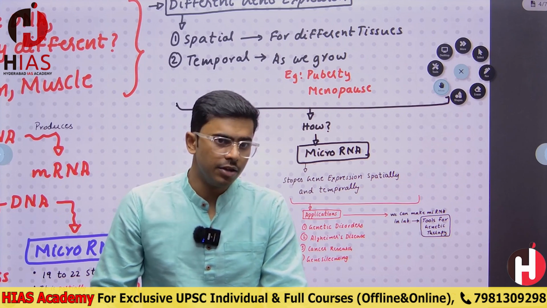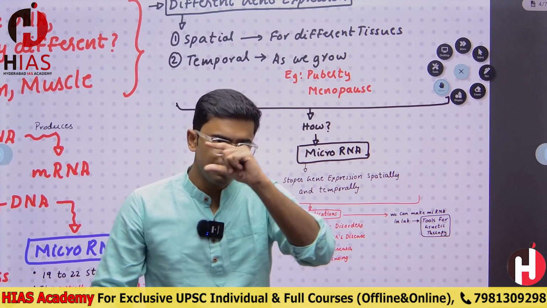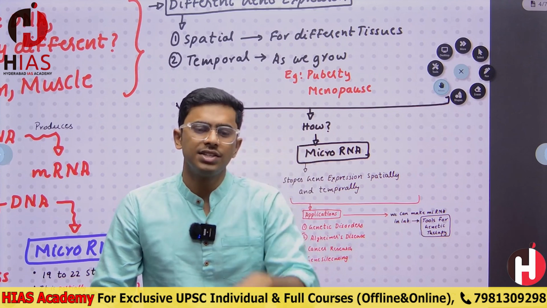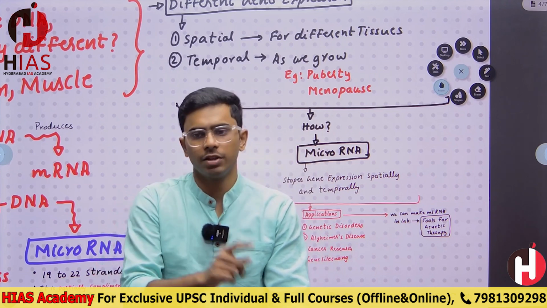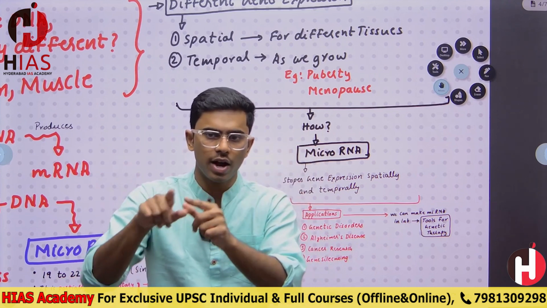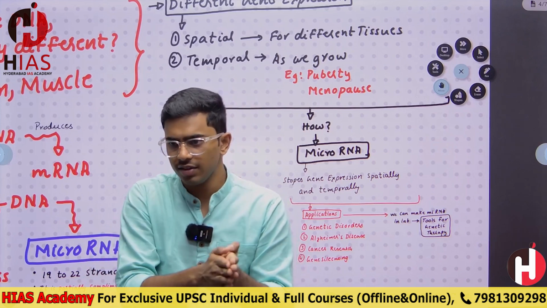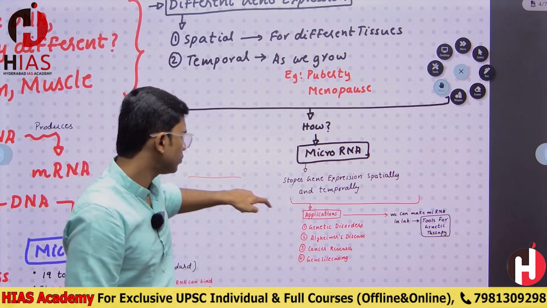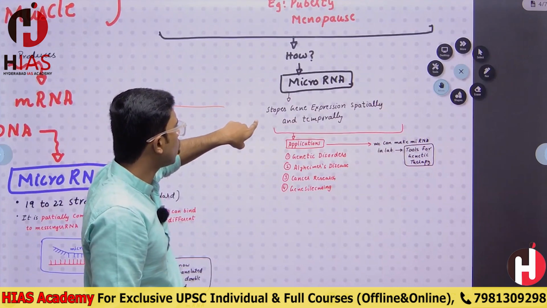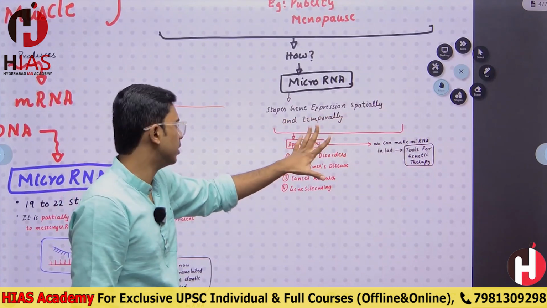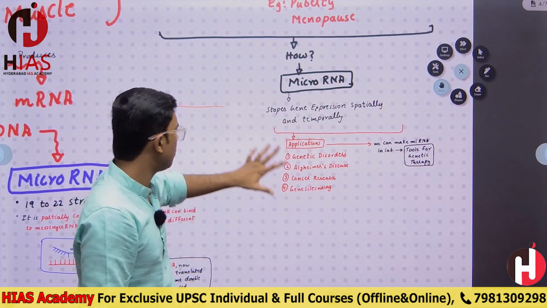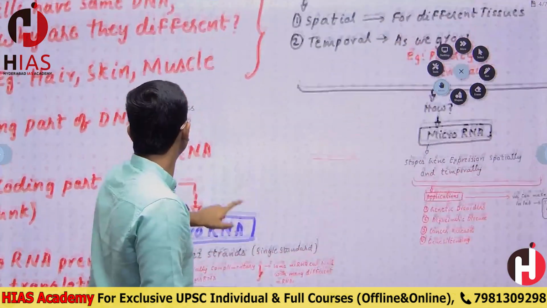They have explained how microRNA actually changes your gene expression. That is the Nobel Prize. So microRNA stops gene expression spatially and temporally. We'll talk about applications, but first I'll tell you how it stops.